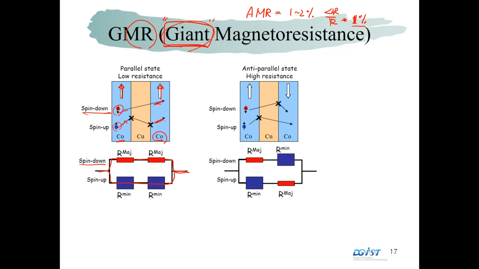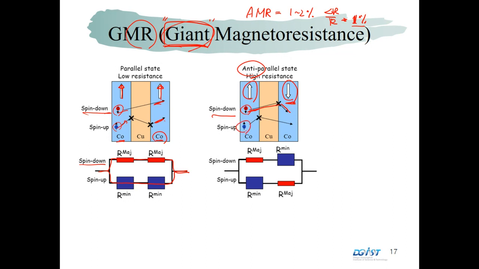And now let's think about the anti-parallel case. The magnetization direction of the second ferromagnetic layer is not the same. They are anti-parallel. Then the spin down electron has a low resistance here, but a large resistance in this state because this spin down is relatively spin up in this direction.